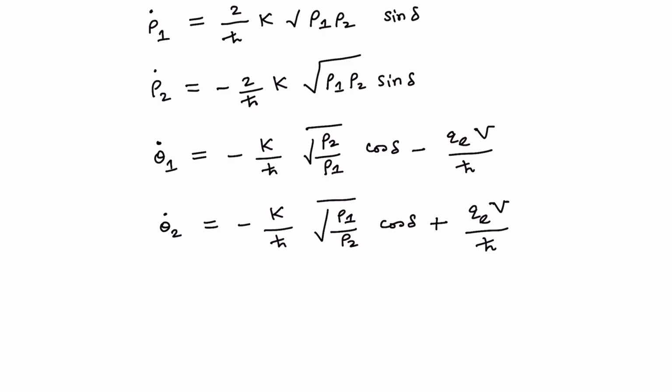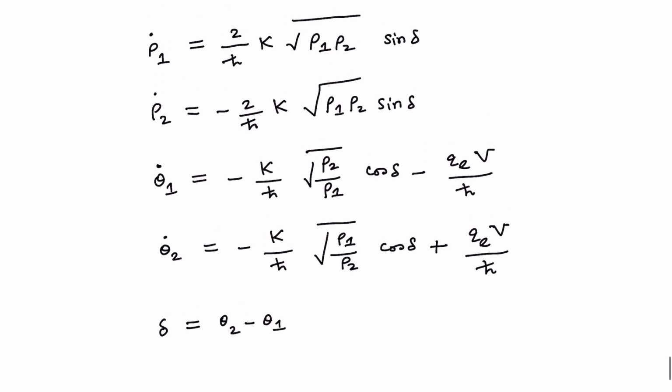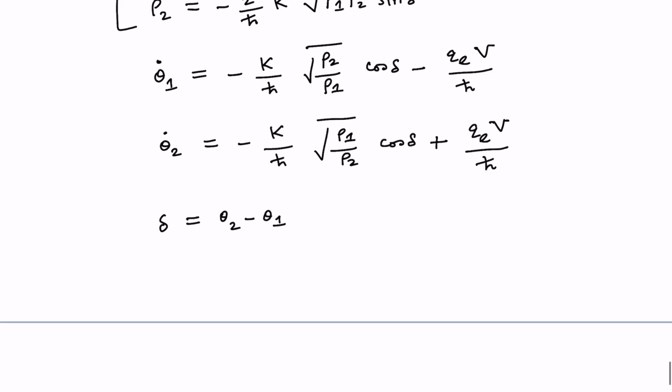Now here delta is equal to theta 2 minus theta 1, the superconducting phase difference. You can see from the first pair of these equations that rho 1 dot is equal to minus rho 2 dot. So this refers to the charge conservation.